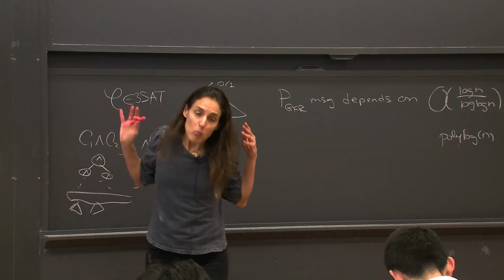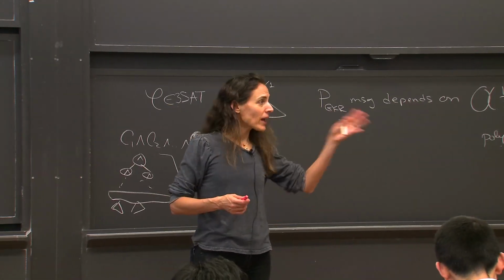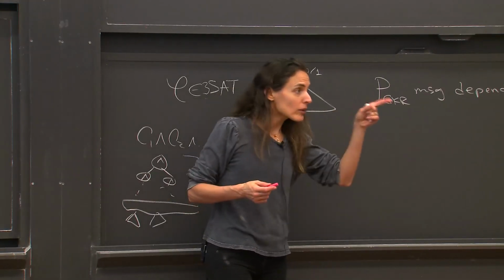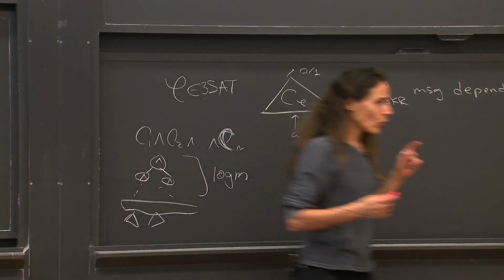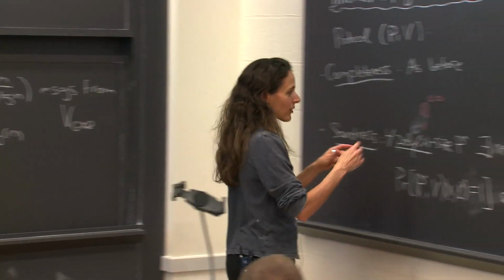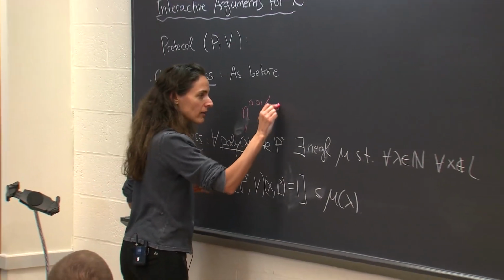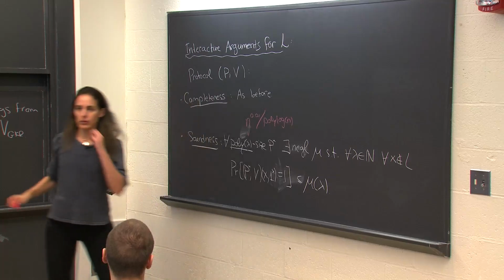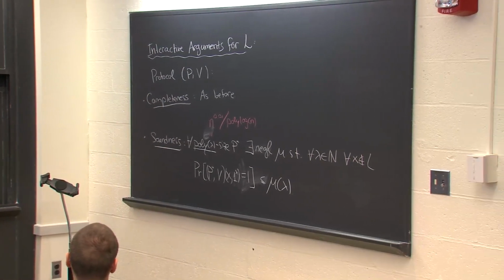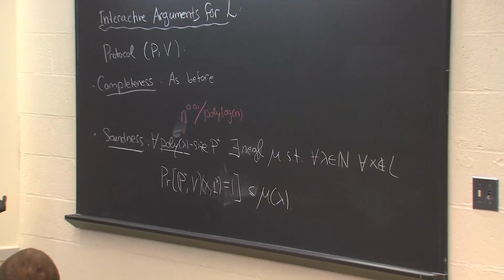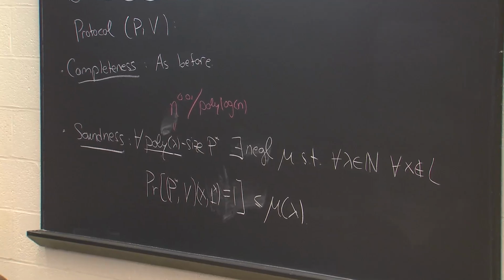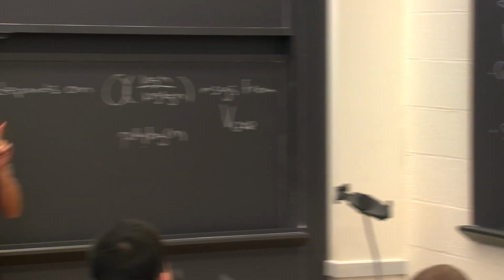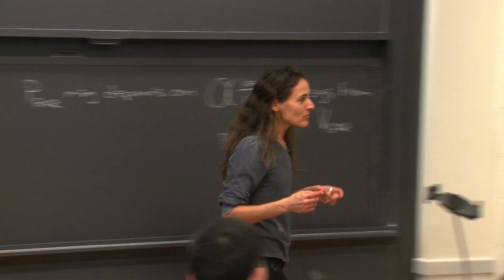But what if I want more succinctness than that? Maybe n to the 0.01 is okay, but I want better. I want polylog n. So one option is n to the epsilon, but another option is lambda polylog n. That's even more succinct, and that's what I want. Now you're saying, well, if that's what you want, you get a definition that makes no sense. And you're right. But then what I can do is strengthen the definition. How do I strengthen it?